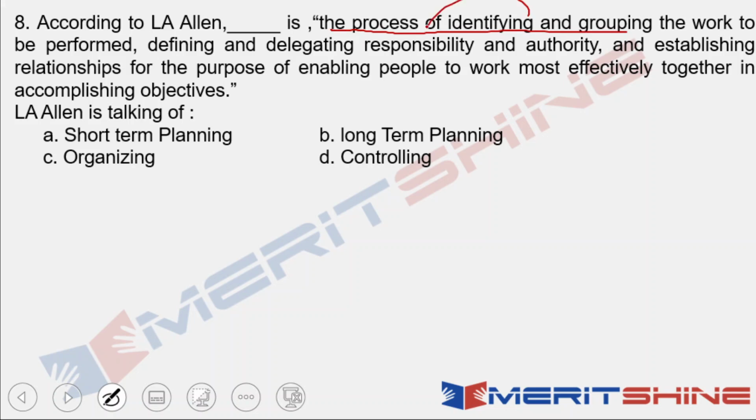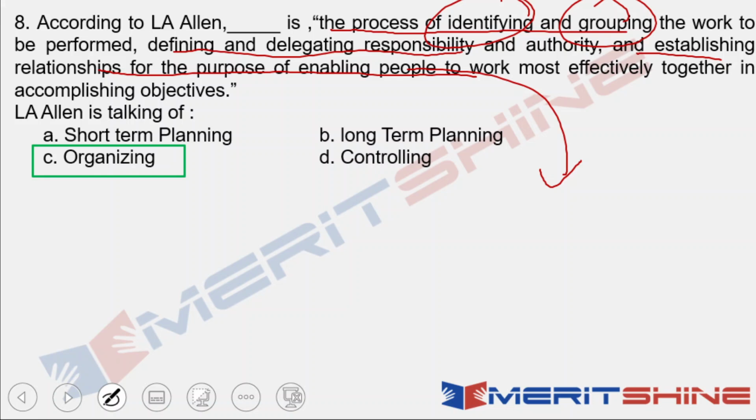The process of identifying, grouping the work, defining and delegating responsibility, authority, establishing relationship for the purpose of enabling people to work most effectively together in accomplishing objective. What can it be? You know this much English to guess that this cannot be planning, this cannot be controlling too, this has to be organizing. This has to be organizing, right?